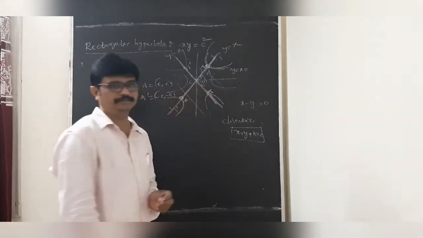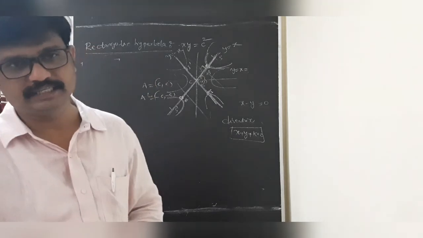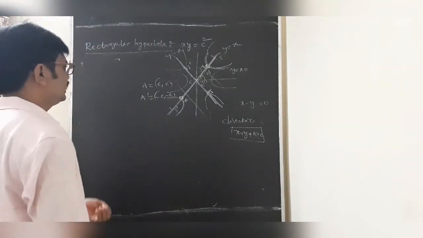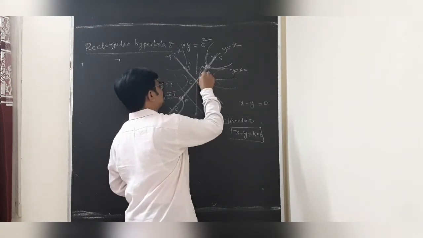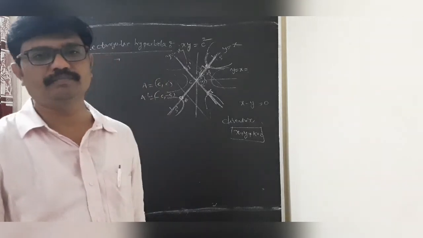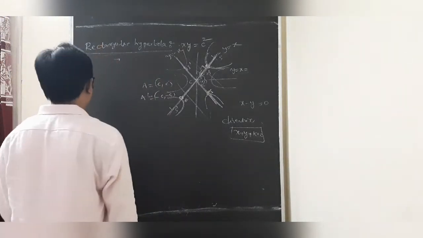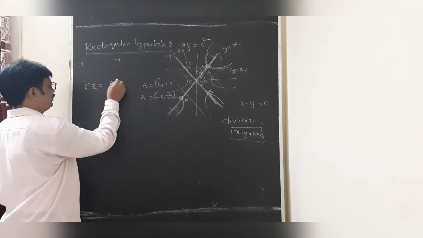How do we find k, dear students? The directrix is at a distance a by e from the center. So we take CZ, and CZ is a by e.